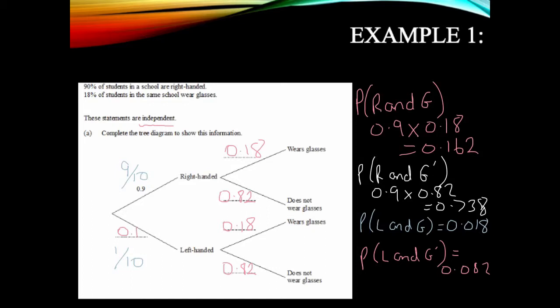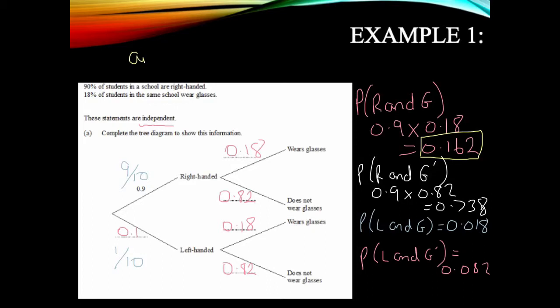Okay, now the reason I wanted to do this was just to show you something. It turns out that we've got this really nice property as well, that if you choose more than one of these things, if you wanted to know the probability of choosing one person being right-handed and wearing glasses, here it is, or left-handed and not wearing glasses. Notice how we use the word or this time.